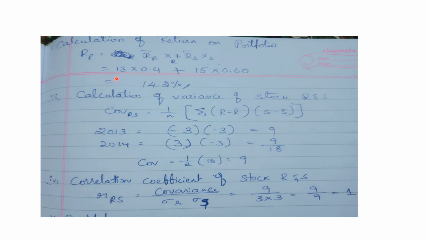So here just substitute the values. For R stock we have found out the R bar value is 13 into weight. It is given in the first question that you have to take 40% of R and 60% of S. So that's why we have taken 0.4, that is 40 by 100, plus 15 for S stock into 60%, that is 60 by 100, which is 0.6.